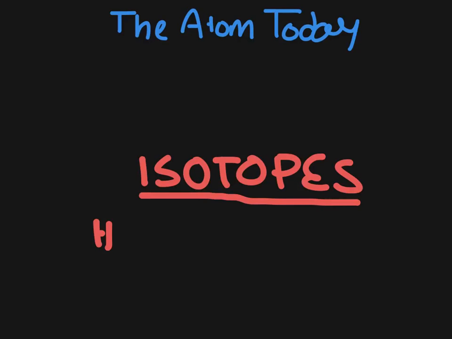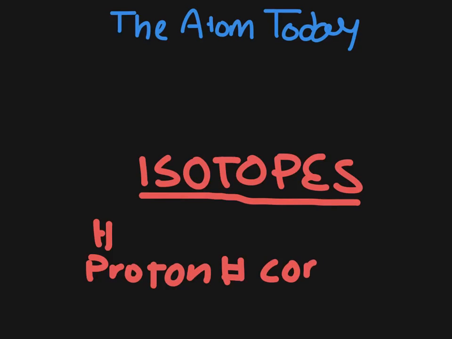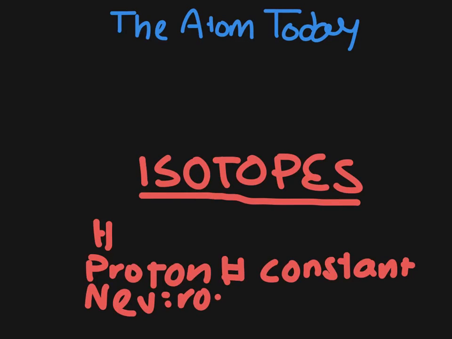Well, it still maintains the same number of protons, right? So the proton number stays constant, stays the same. But the number of neutrons changes, right?